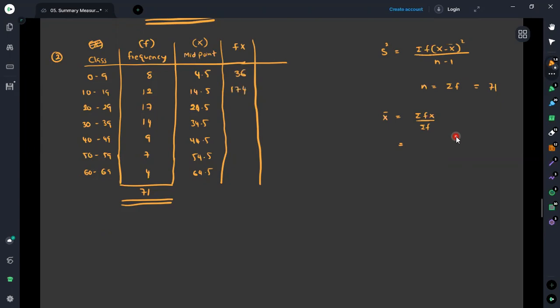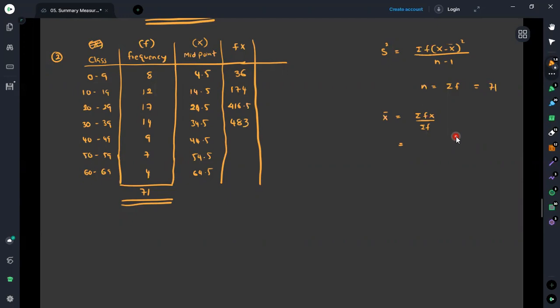For the first row we'll get 8 into 4.5, which is 36, then 12 into 14.5, which is 174. The next value would be 17 into 24.5, which is 416.5. Then 14 into 34.5, which is 483.